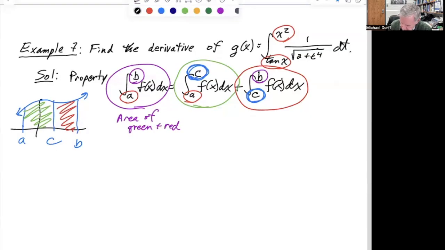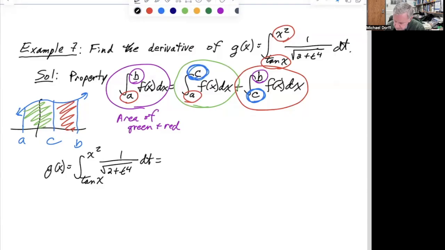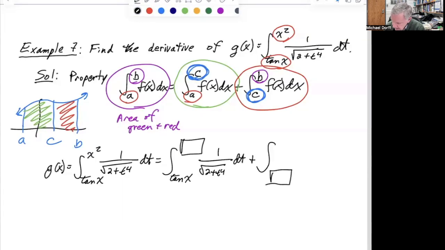So I'm going to have g of x equals the integral from tan x to x squared of 1 over the square root of 2 plus t to the fourth dt. And I want to write that as two separate integrals. So I'm going to have tan x here, and a box up here, 1 over the square root of 2 plus t to the fourth dt, plus the integral, and now I have a box down here, and an x squared up here with the same integrand.